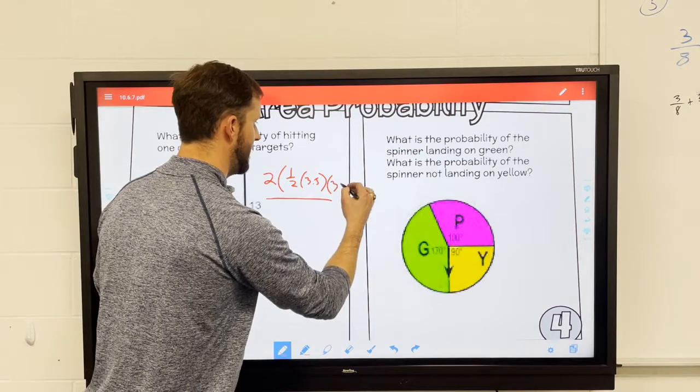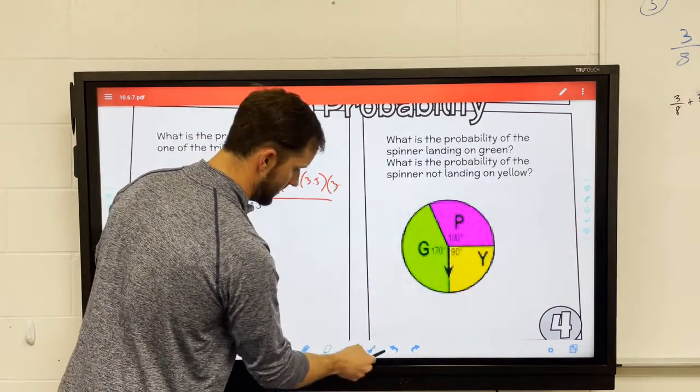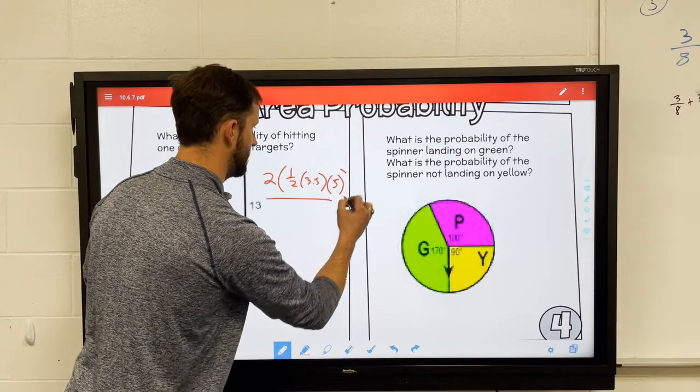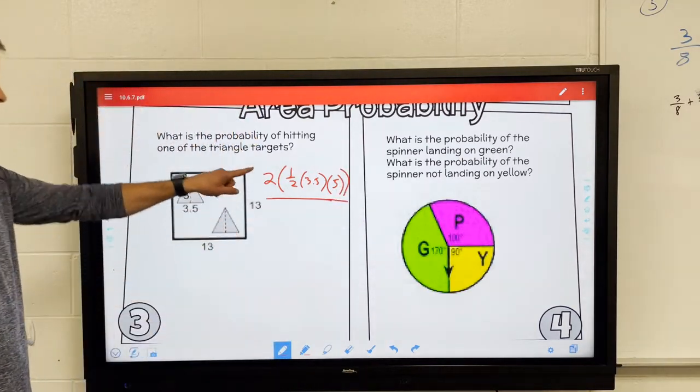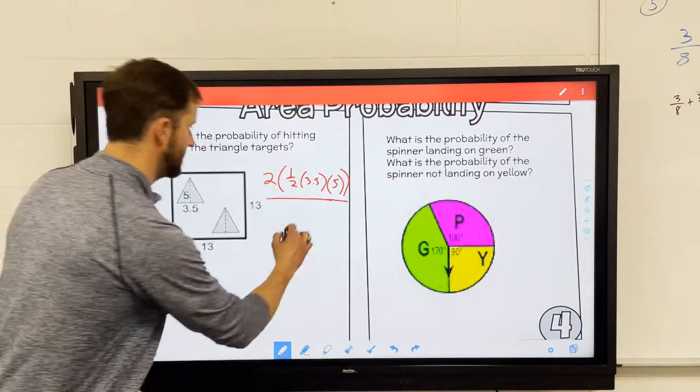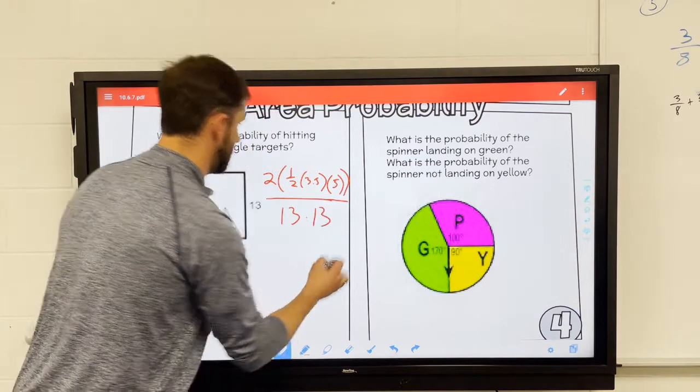Remember, what I want goes on top, so the area of my triangles goes on top. On the bottom is the total area, which is a rectangle, base times height, so 13 times 13.